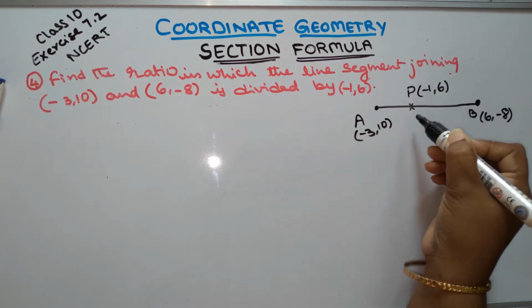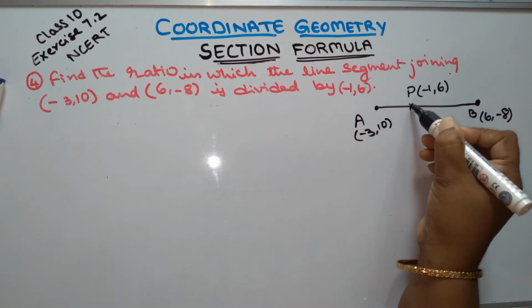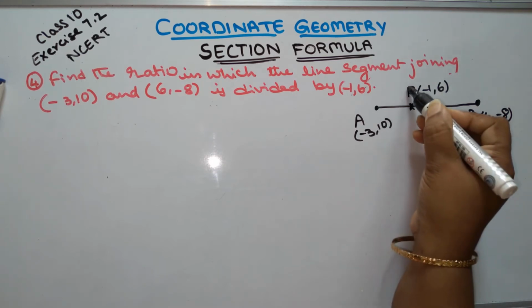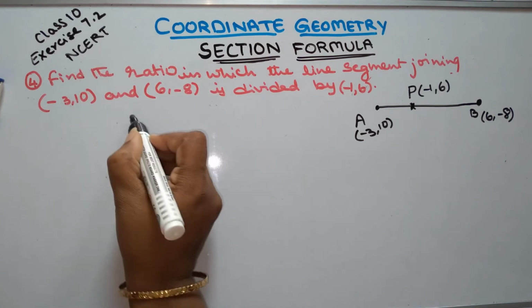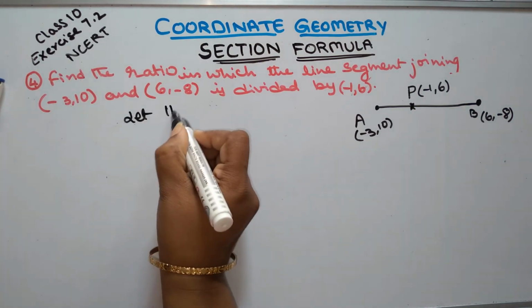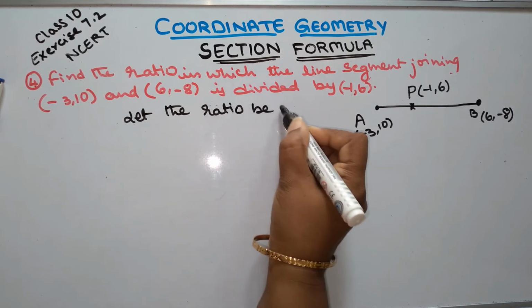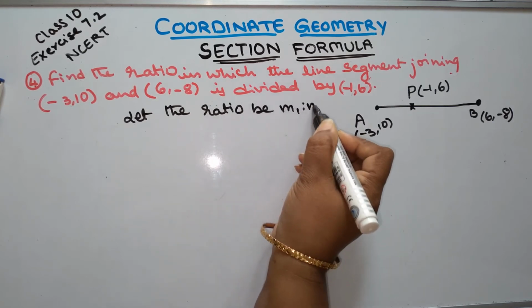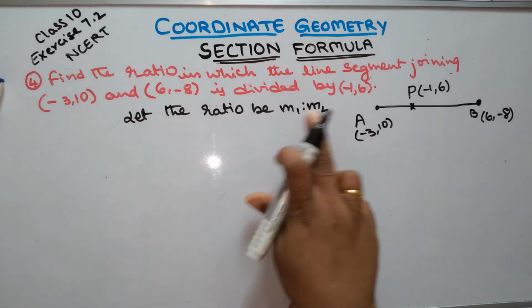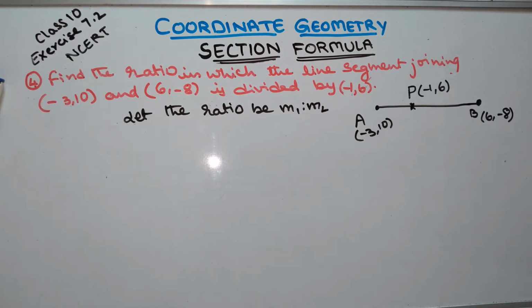Now we have to find the ratio in which the line segment is divided by the point P. Let the ratio be M1 is to M2. We have to find the ratio M1 is to M2.